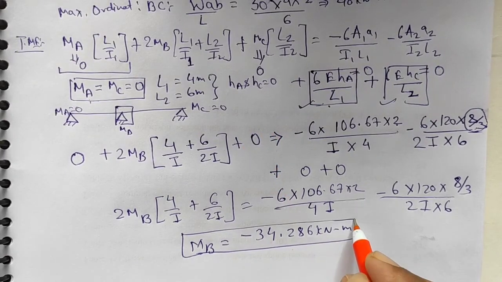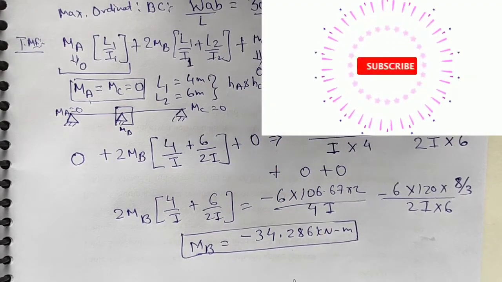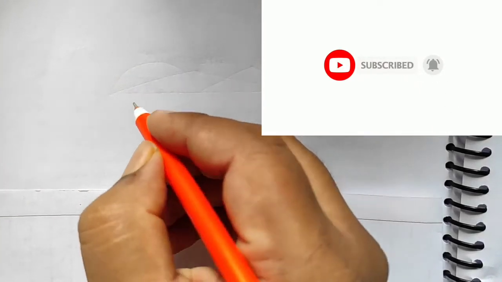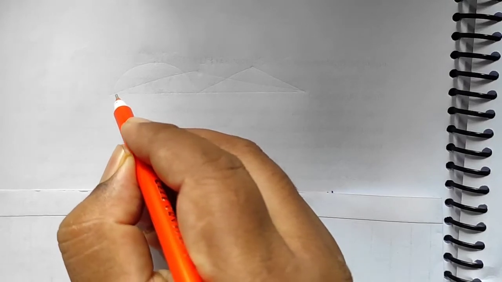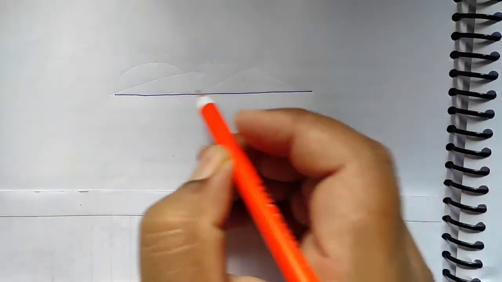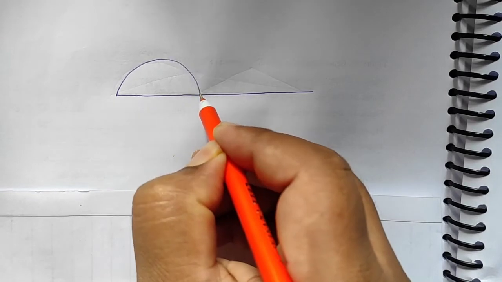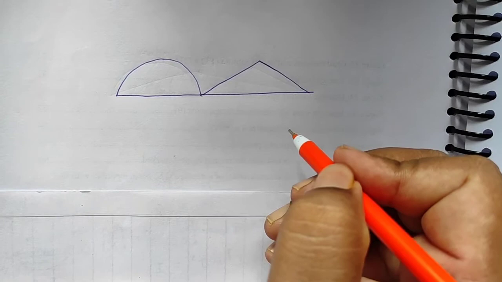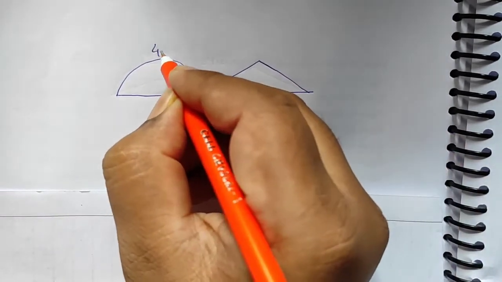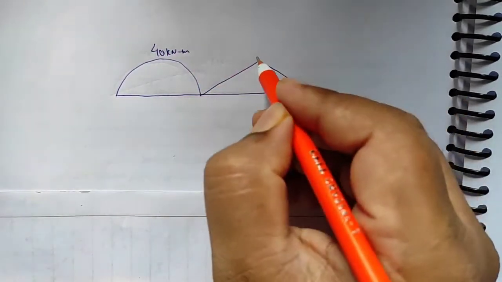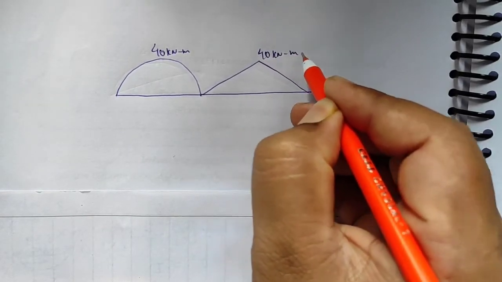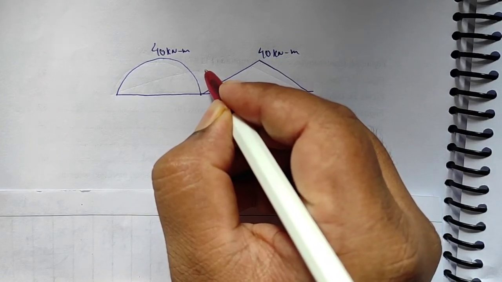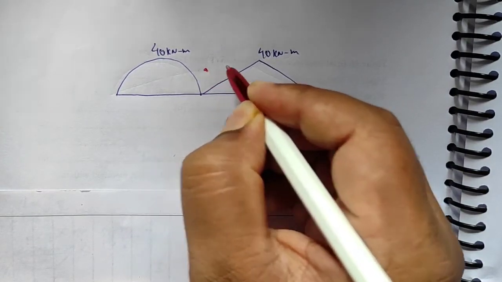Now our last step is to draw the final bending moment diagram. Now I'll draw the bending moment diagram for the numerical we have solved. Previously, as we know, the values will be a parabola and a triangle, which we have drawn for the free body diagram for the given loads, having maximum ordinates of 40 kilonewton meter for both. Now what we have got, the value of MB is negative 34.286.